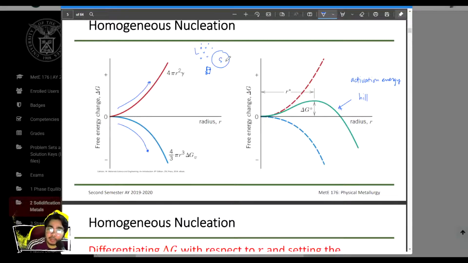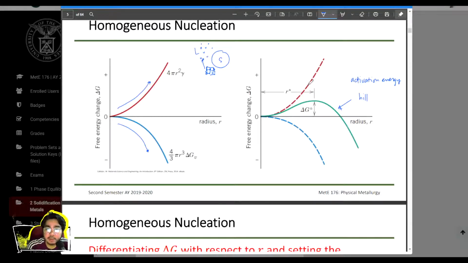So there is a certain radius where we consider this as a stable nuclei. Anything less than that radius means that, kunwari nag-come together na, may certain amount of atoms na nag-come together, pero hindi siya large enough such that stable na siya. So actually pwede pa siya mag-redissolve.